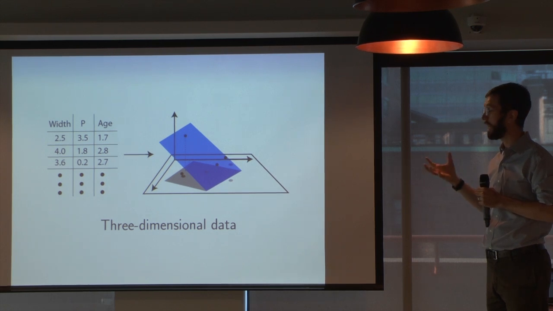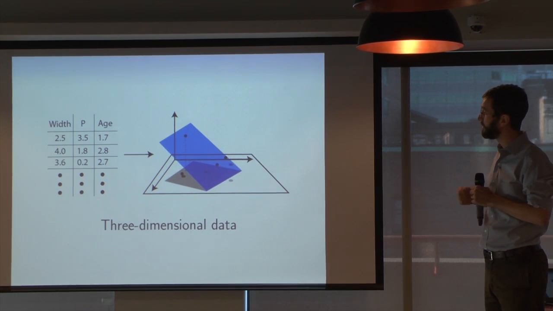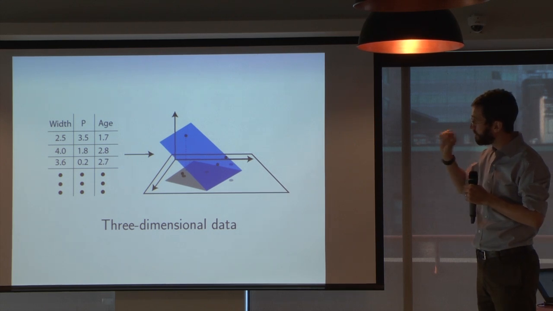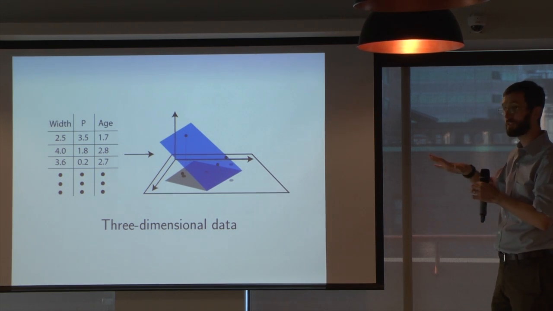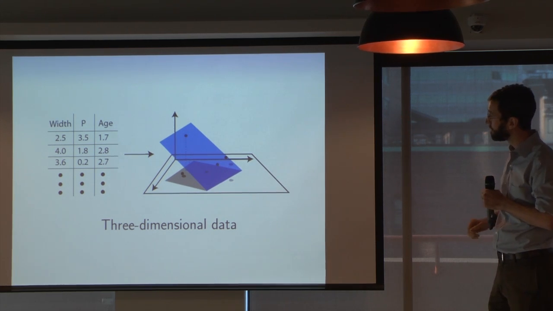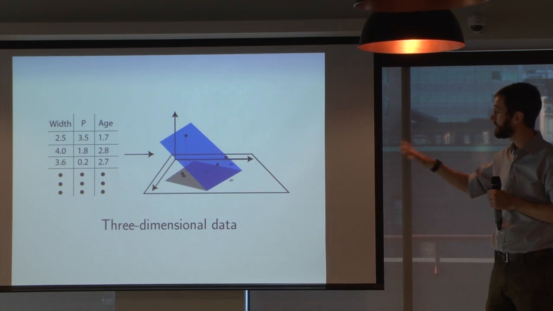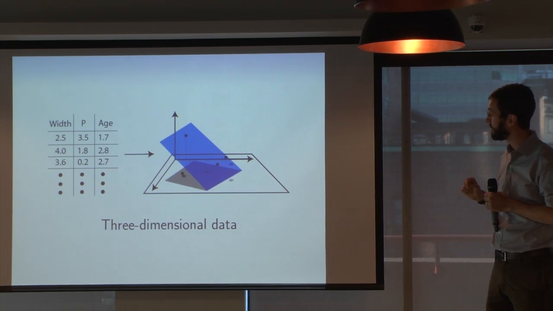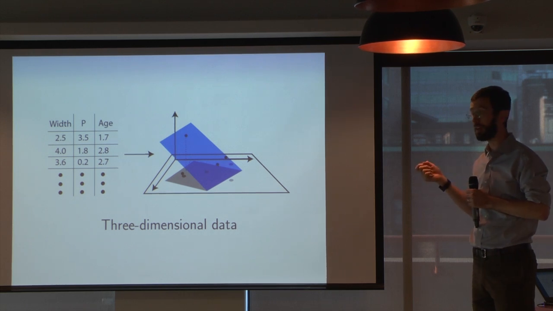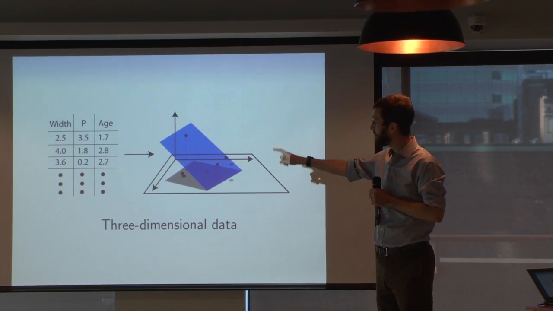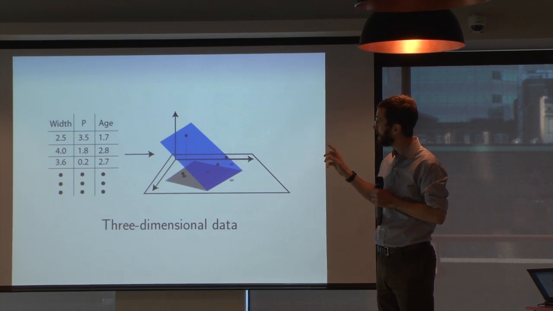Again, this is supposed to be what would happen if we took all of the points coming from all the trees in the world and made them really small, too small to see. We get this cloud, and this plane would be going through the middle of the cloud. So that's our distribution, our mathematical model. And of course, we can make predictions based on this. We're given a new tree with its phosphorus level and its width.